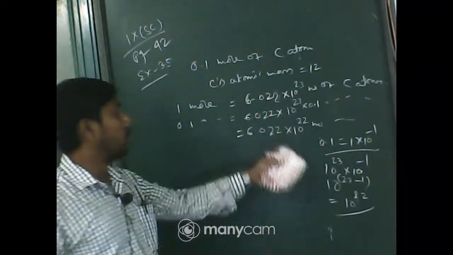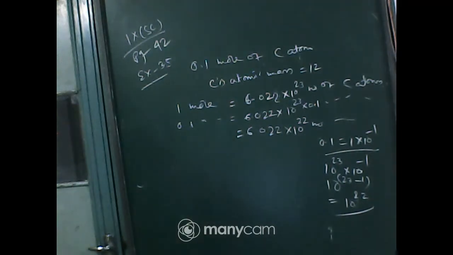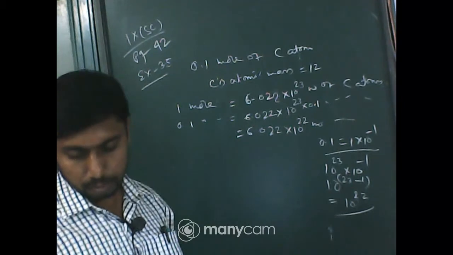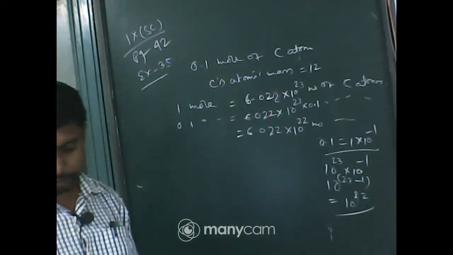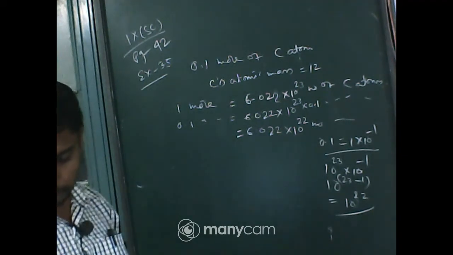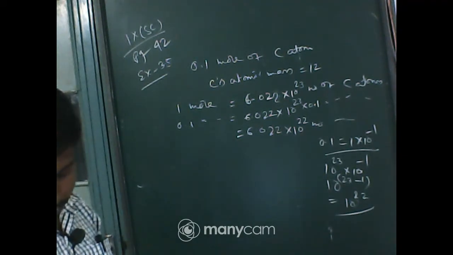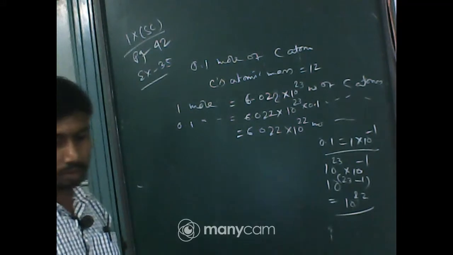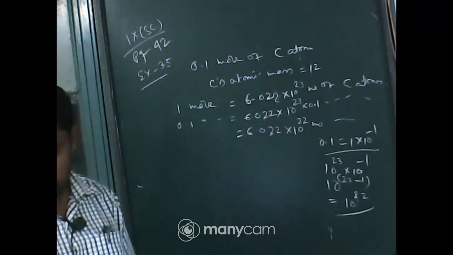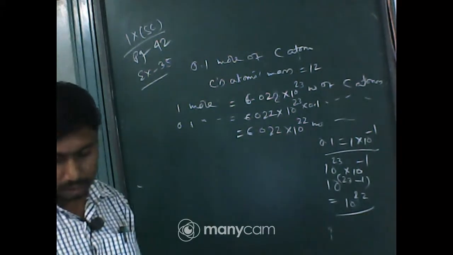So here it is 6.022 into 10 to the power 22 number of carbon atom. Clear? Okay, these are the in-text problems.